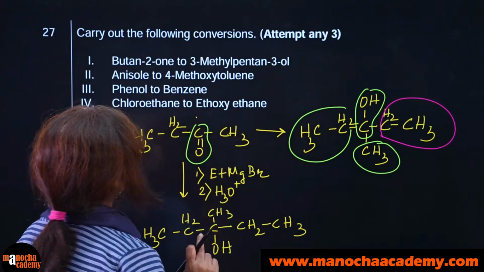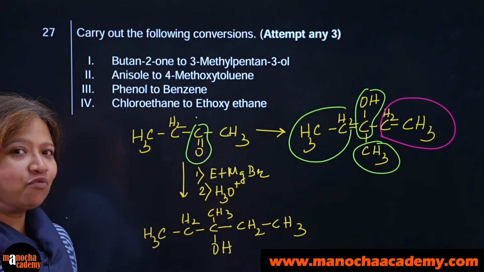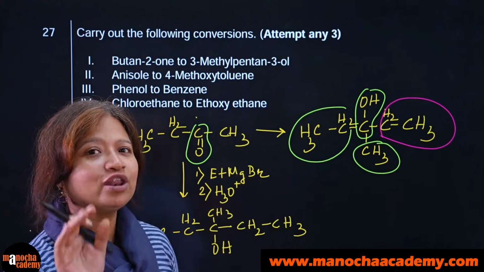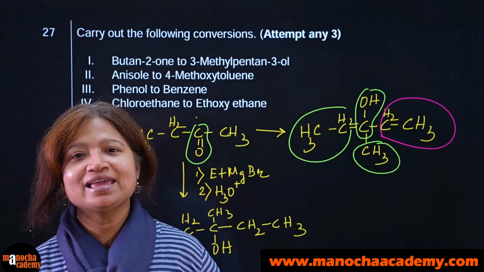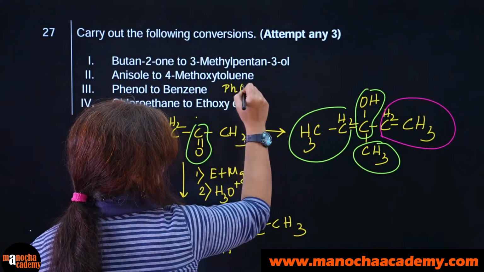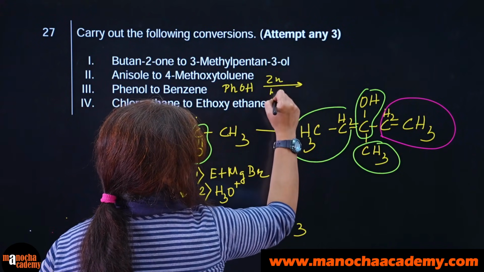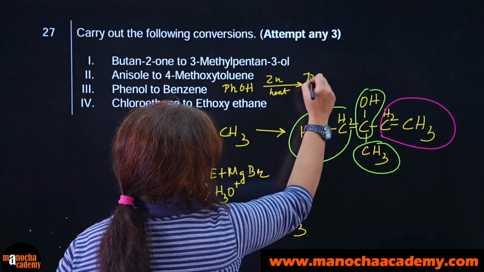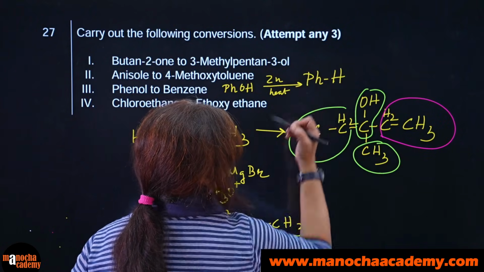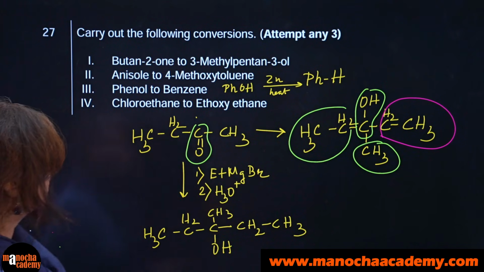Next. Phenol to benzene is a one-step reaction. We have only one reaction where the phenolic OH bond is cleaved: zinc and heat. So I'm simply writing in short PhOH, phenol with zinc, and you heat, you get PhH. One-step reaction. Then chloroethane to ethoxyethane is again a very easy thing they have given us.